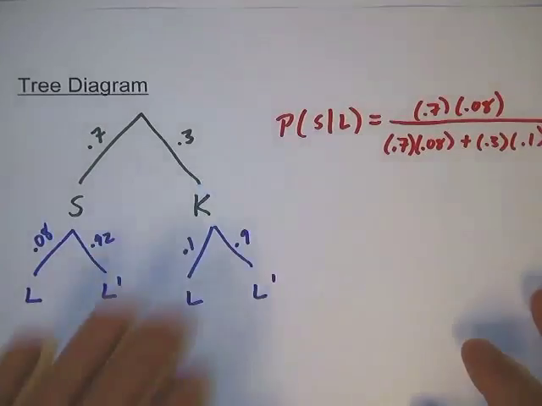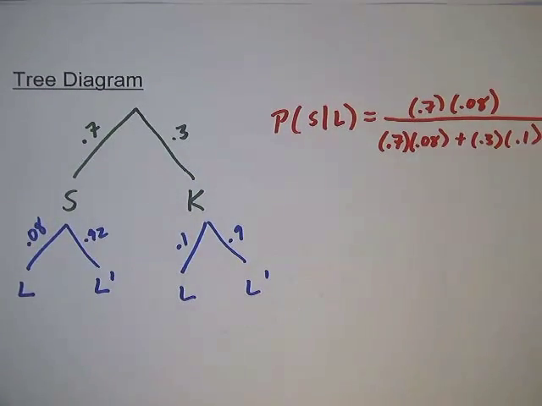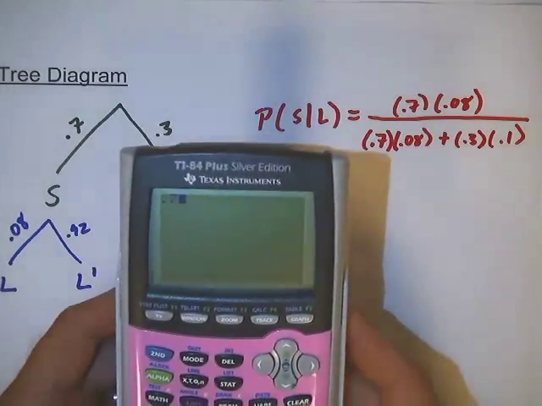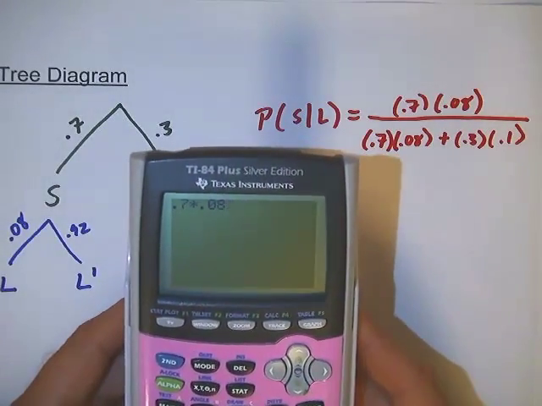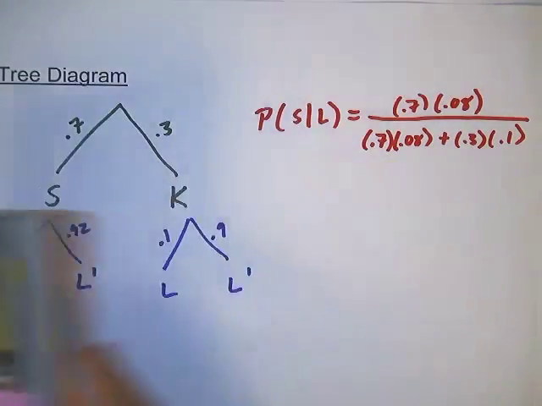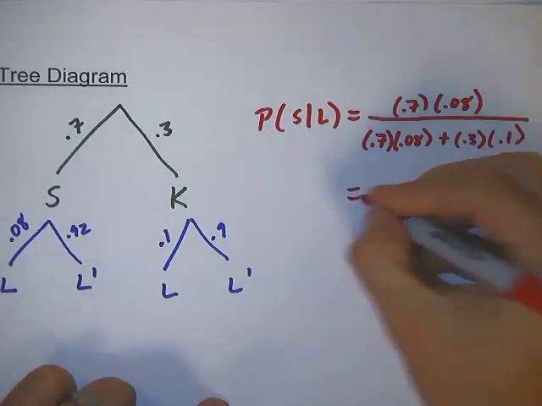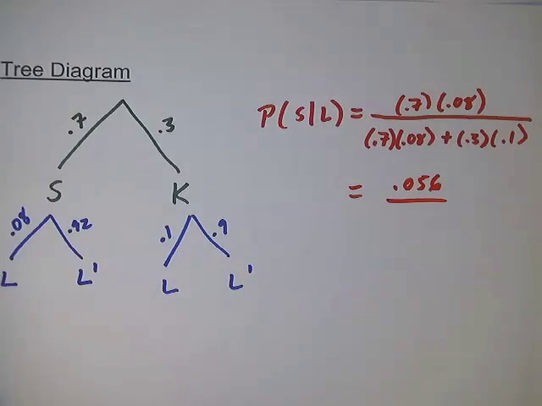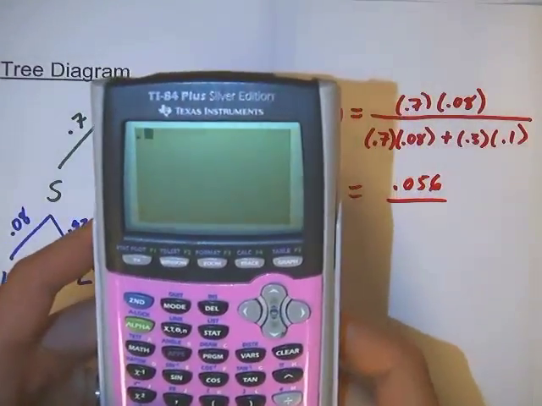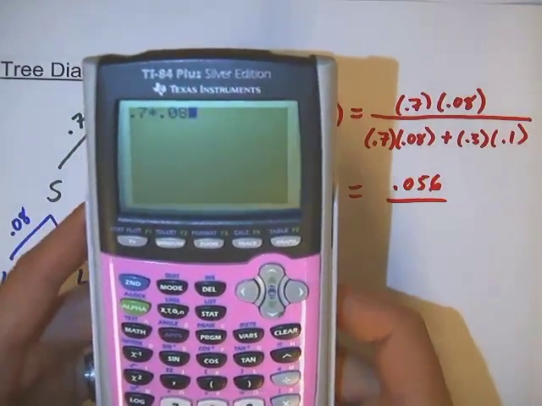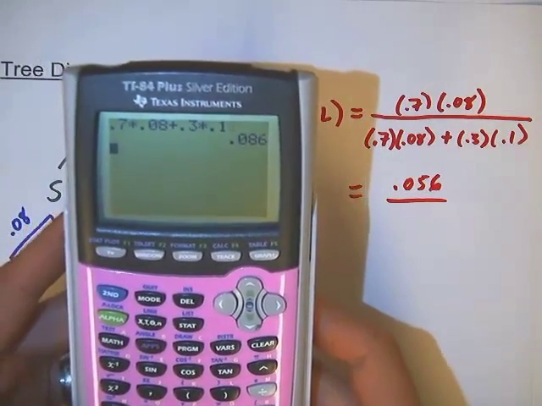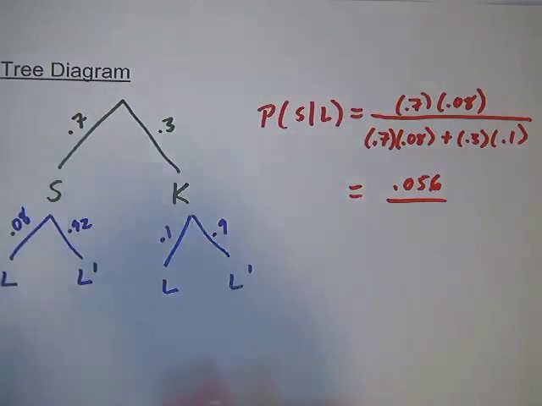Okay, so let's finally calculate this probability. I'll do the numerator first: 0.7 times 0.08, so that's 0.056, over, and then I'll do all of the denominator in one step: 0.7 times 0.08 plus 0.3 times 0.1, and that's 0.086.